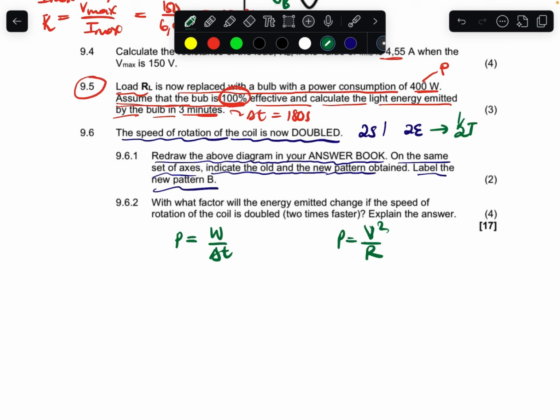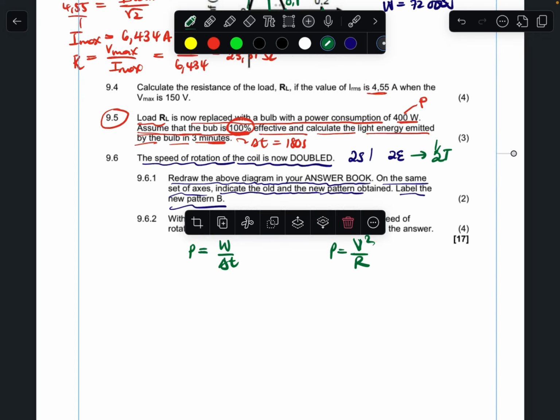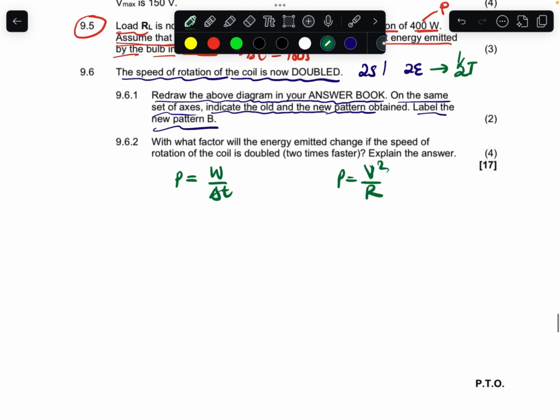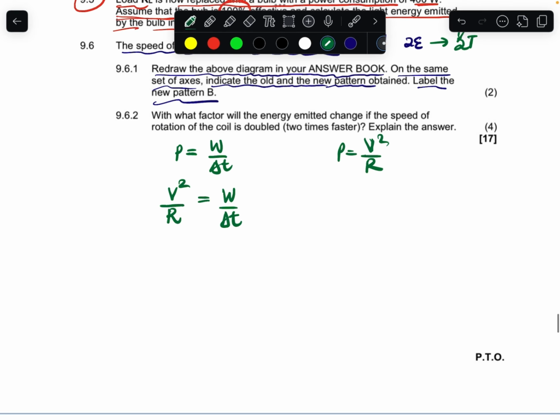As we mentioned, guys, let me substitute this so that you can see something. The power is equal to V square over R, equal to W over change in T, right?